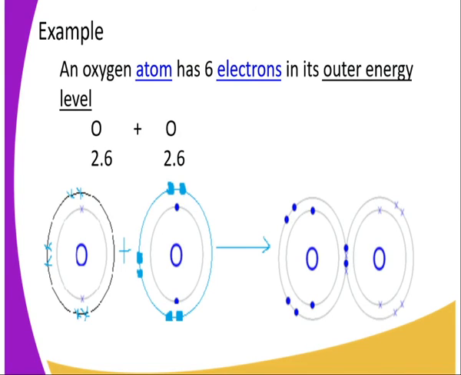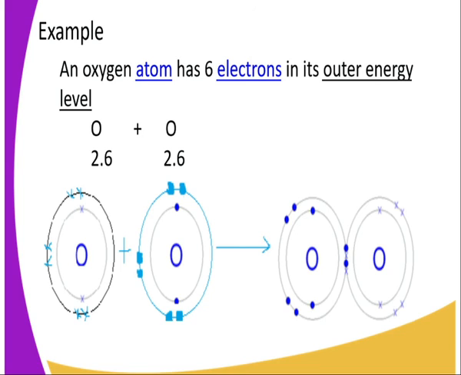Another example which we can use is oxygen. Oxygen is a gas which exists as a diatomic molecule. It does not exist as an atom. Why does it exist as a molecule? This is as a result of its nature. Using its electronic configuration from the periodic table, oxygen belongs to group 6 because it has 6 electrons in the outermost energy level, and hence it is not stable.